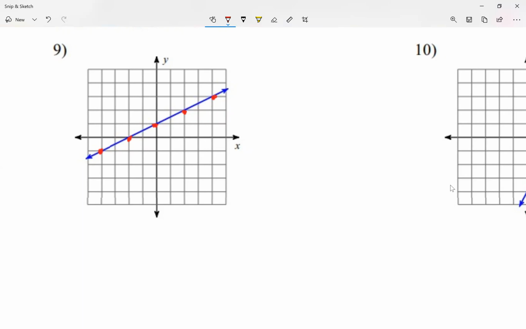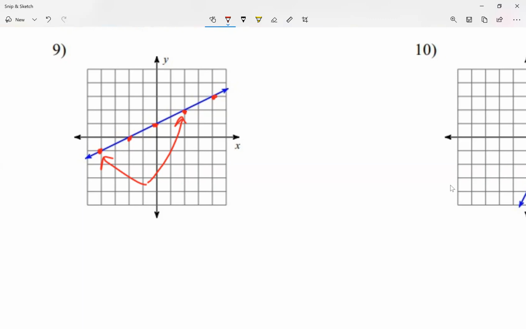For each of those points, I can clearly see the x and the y value. Now, I only need 2 points. I have 5 points there. From those 5 points, I'm only going to choose 2 of them. Just to choose 2, I'm going to choose this one. It doesn't matter which 2 I choose, and this one. So those are the 2 points that I'm going to choose.